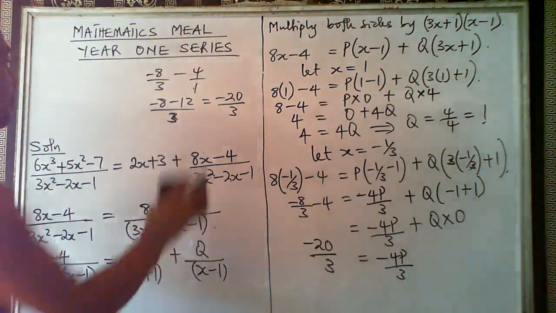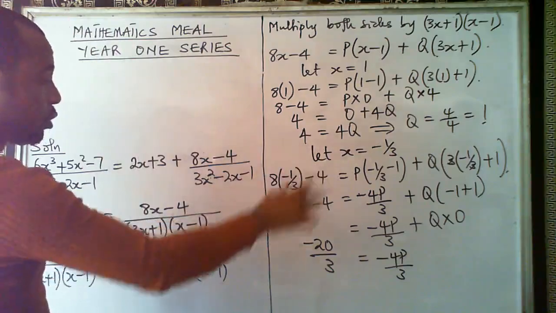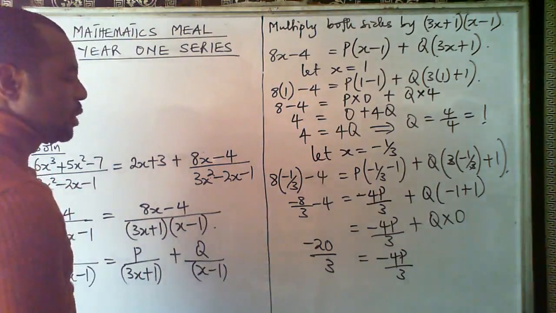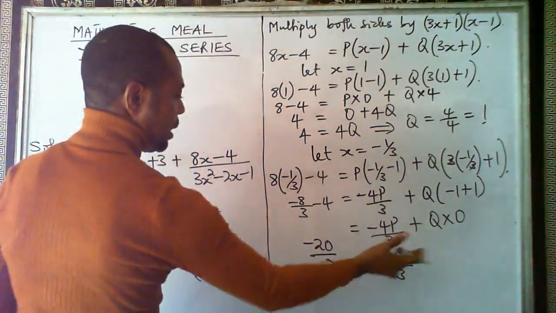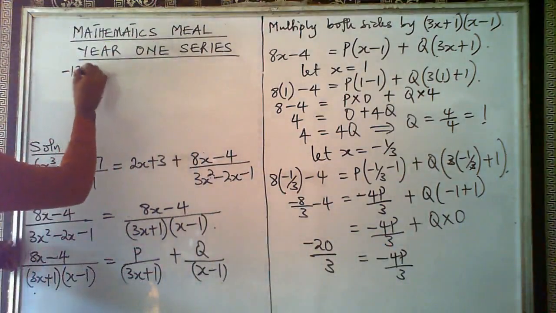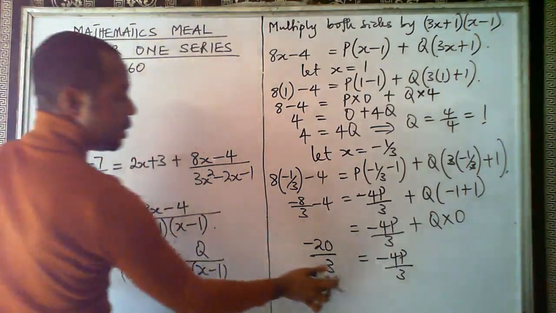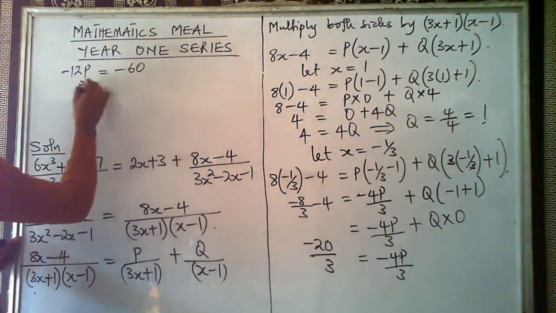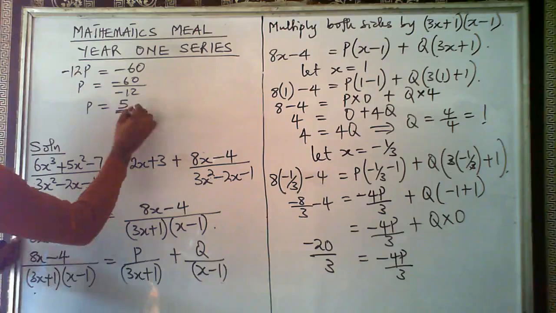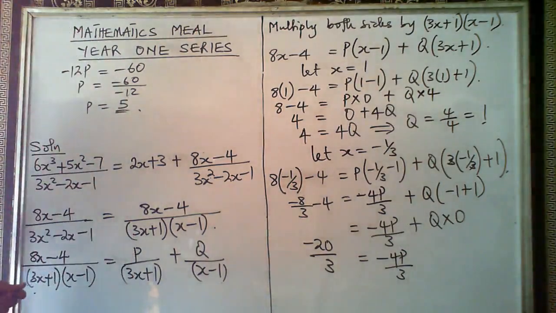So if we multiply both sides, or cross multiply, multiply both sides by 3. But let's do the cross multiplication. This times this, we are going to have minus 12p is equal to, this times this will give us minus 60. So p becomes minus 60 over minus 12. So p is actually 5. P is 5. Wow, that's quite interesting.